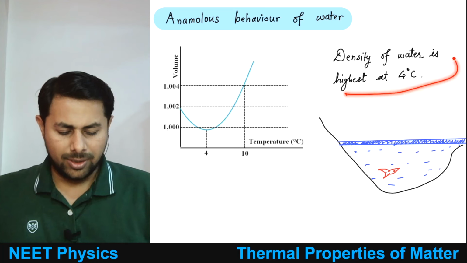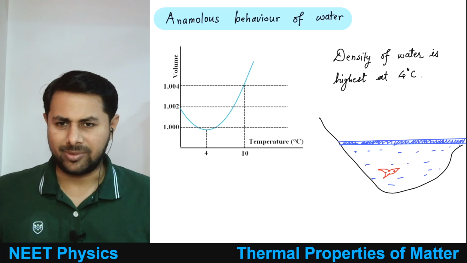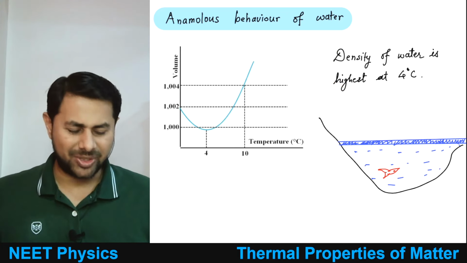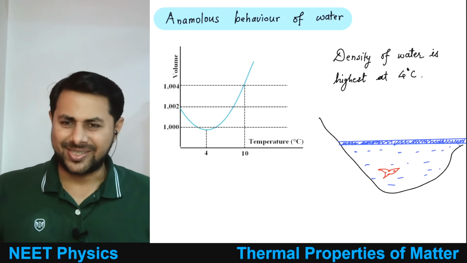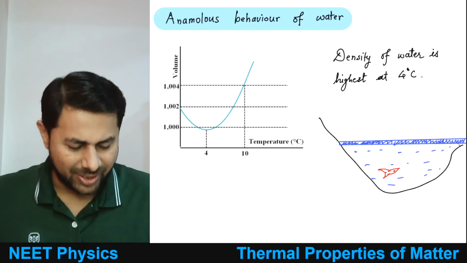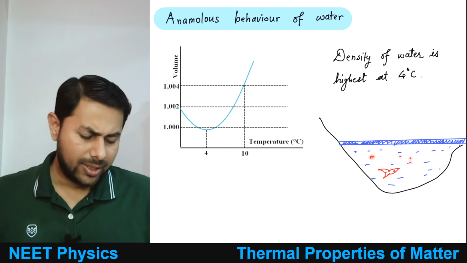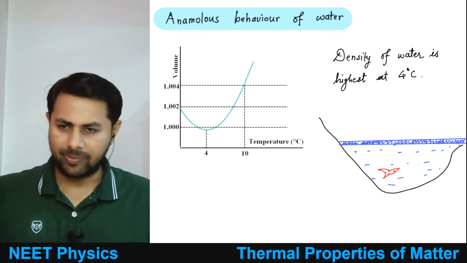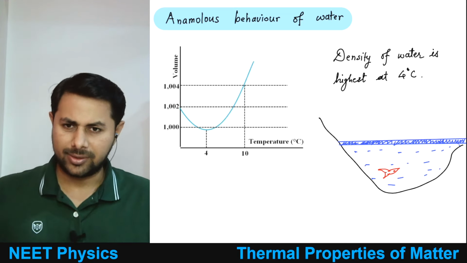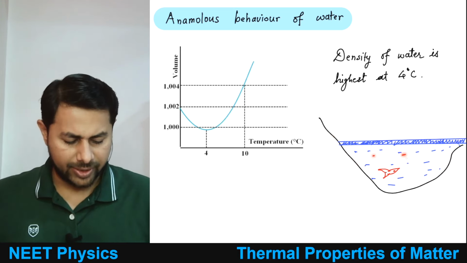Now, one application of this is that it saves water life, life inside the water in lakes and seas. Suppose this is a lake. In the winter season the temperature goes on decreasing, so the lake water temperature will decrease.